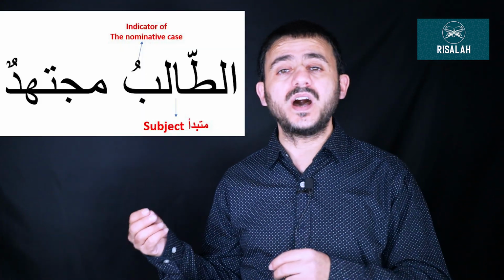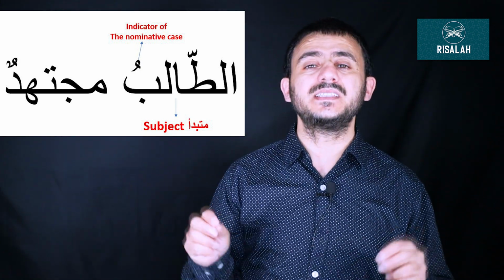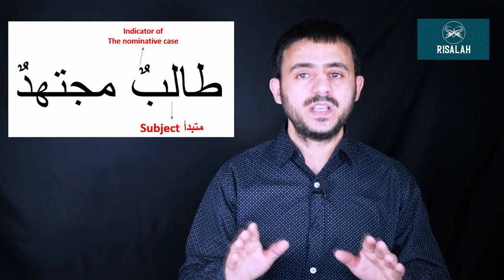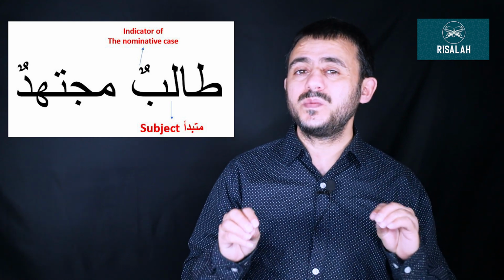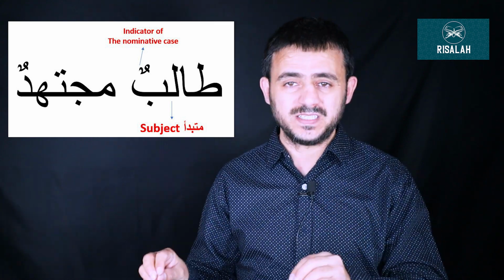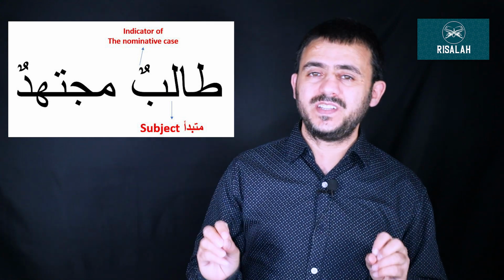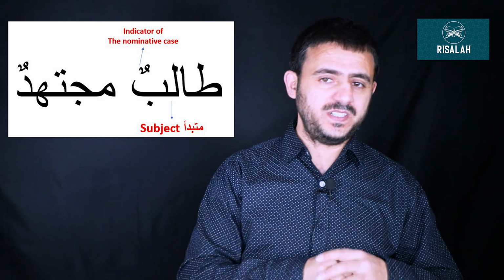In the example that we just took, الطالب مجتهد or طالب مجتهد, طالب in both sentences is in the subject position. So when the noun is in the subject position, it will be in the nominative case. It will end with one dhamma if it is definite, two dhammas if it is indefinite.